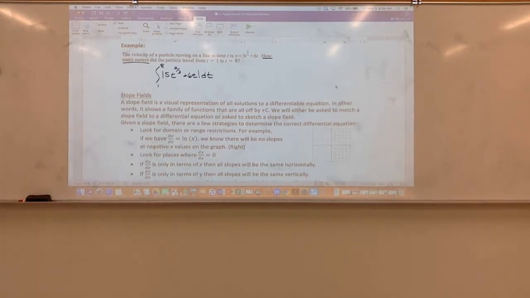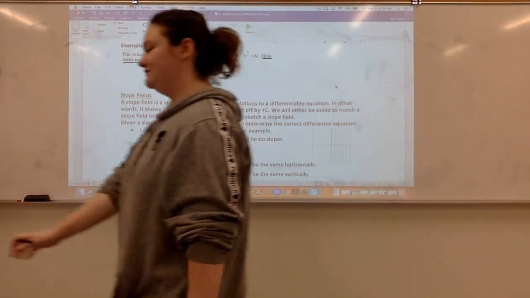Okay, and we're assuming that whenever we're asked to do an absolute value like this, it's a calculator question. So what would I get if I plug this into the calculator?